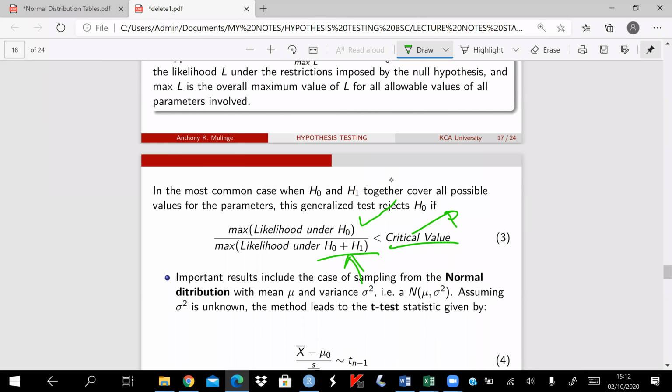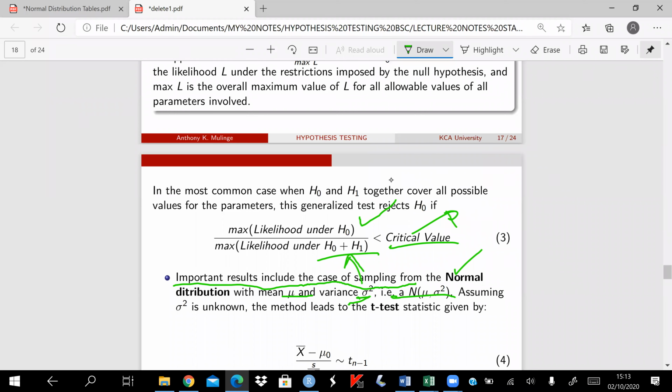And we are saying that important results include cases where the sampling is done from a normal distribution. As you saw in the previous example, we were using an exponential distribution. You can use any other distribution, but important results only come when you are working with a normal distribution. As you know, the normal distribution is one of the most important distributions. So a normal distribution with mean mu and variance sigma squared, or in symbols, we can write it like that.